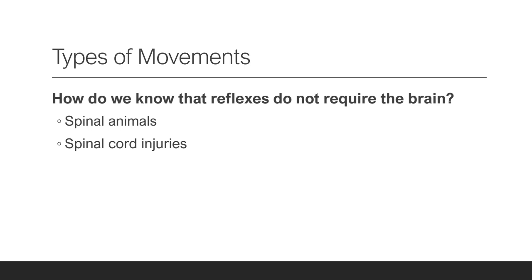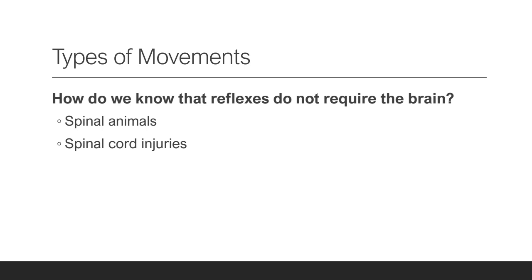So this tells us that some reflexive behavior can be generated through the spinal cord, not necessarily the brain. So we have reflexive behaviors that don't require the brain, and then we have voluntary movements that do.